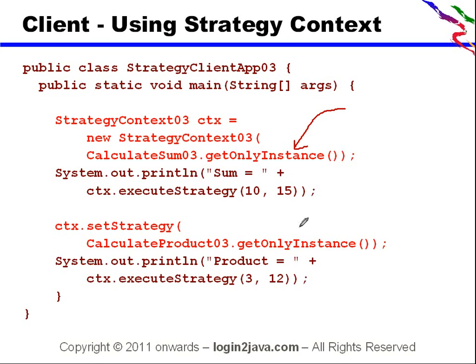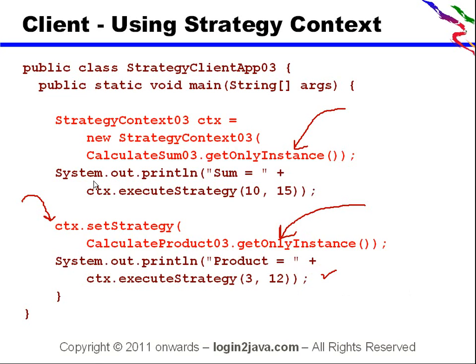Similarly, now we need not take a separate instance for the context, we need to use the same context. So the same context dot setStrategy, and we can pass on another strategy like product, and this will be executed on product.